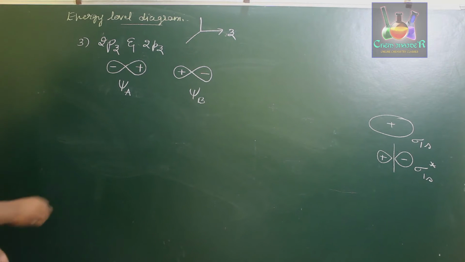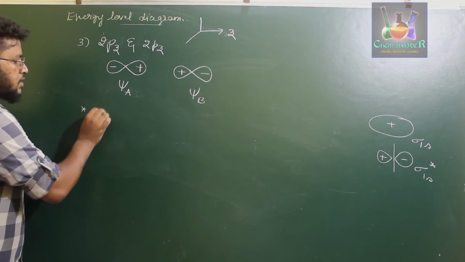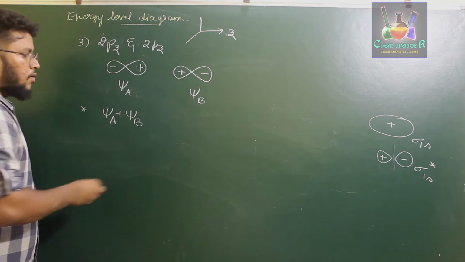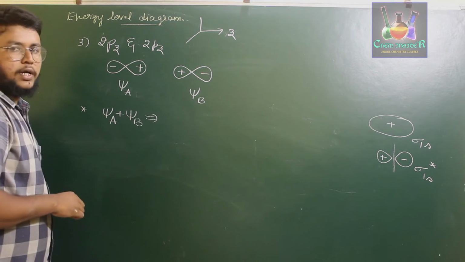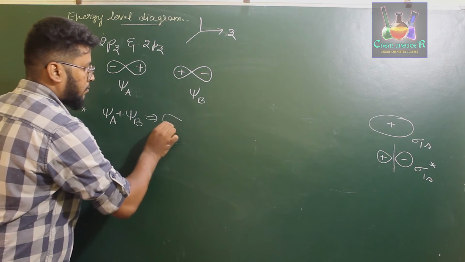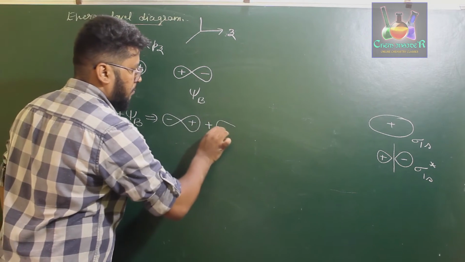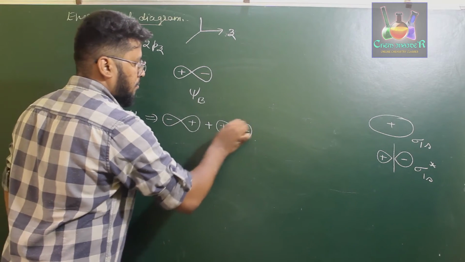Now for the combination, for the first one, psi A plus psi B, what we observe is, these two get attached with one another, plus minus, plus minus.